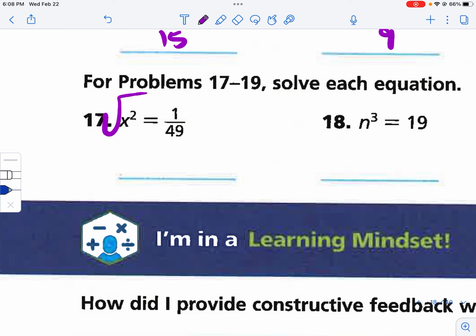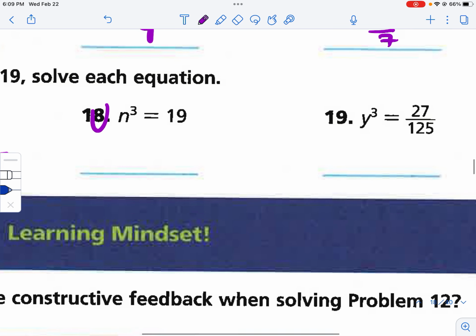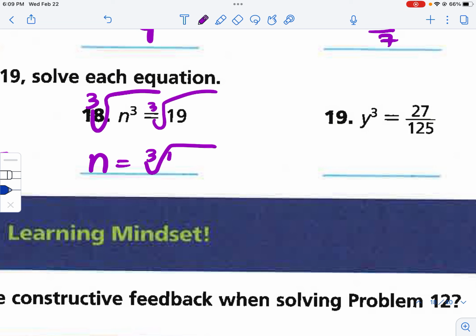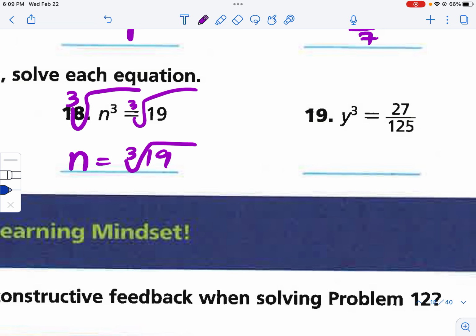This one, if I take the square root of both sides, I'm going to get plus or minus. Square root of 1 is 1. The square root of 49 is 7. The cubed root, there's only one answer to that, and it would be n equals the cubed root of 19.